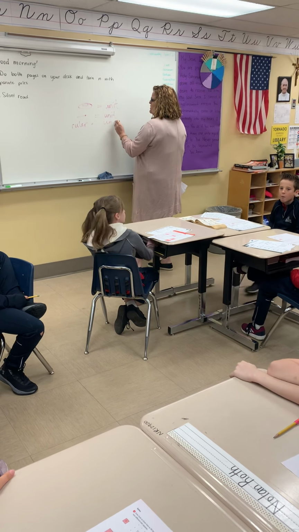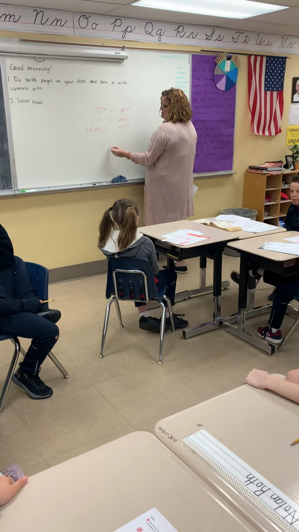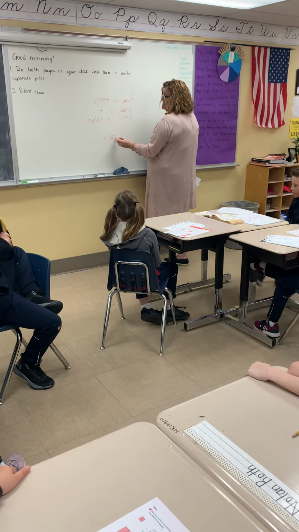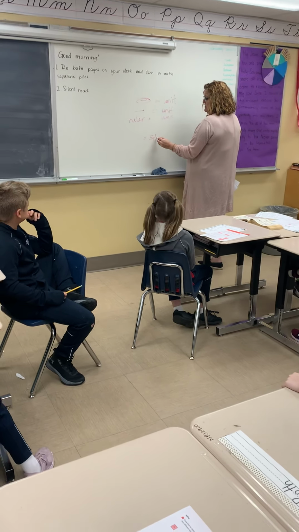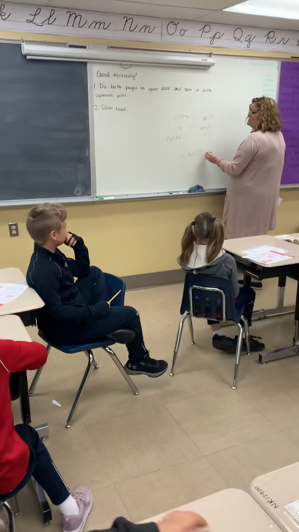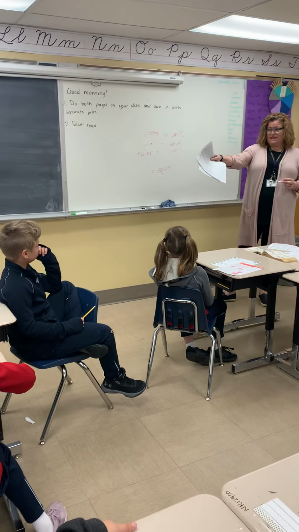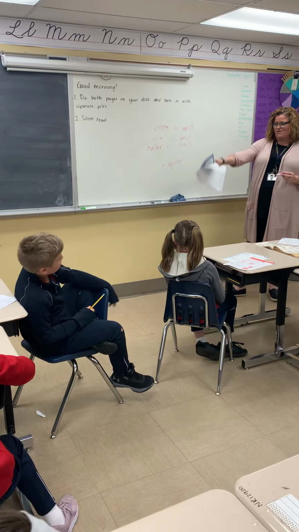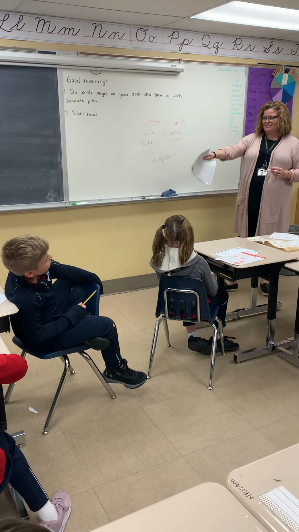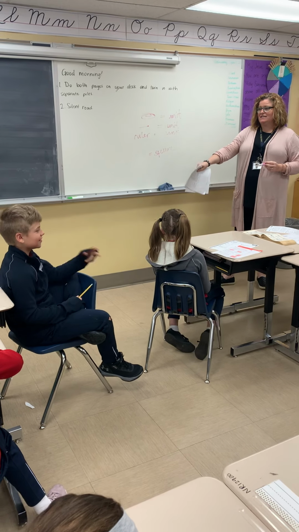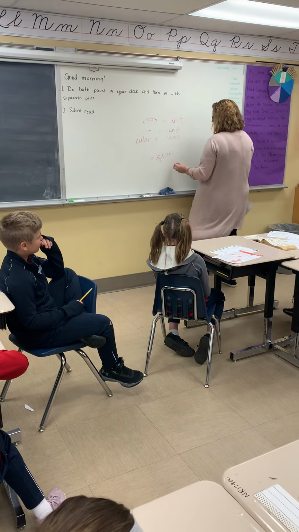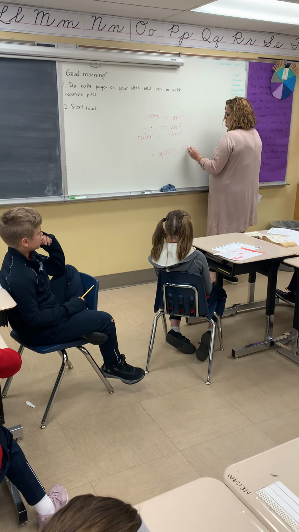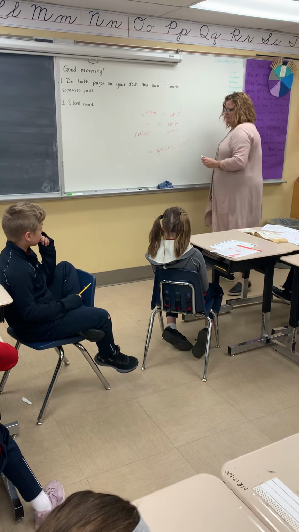Okay. Now, what is a square unit? Are these square units? And why are they not? Because they're not a square, right? And what is a square? A square is a shape that has the same size. Yes, it's equal on all sides, okay? We're going to talk about that today, okay?